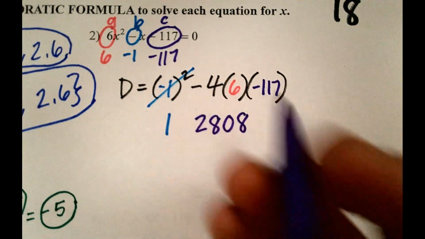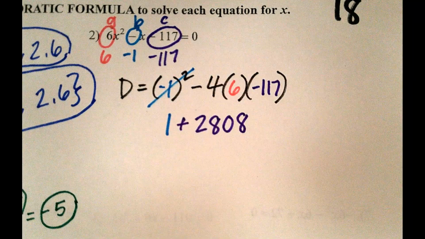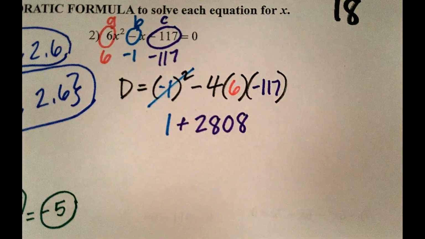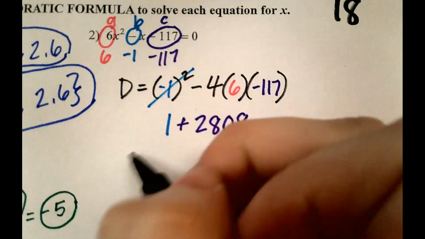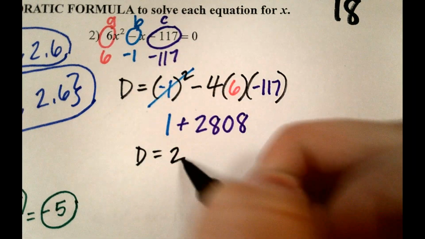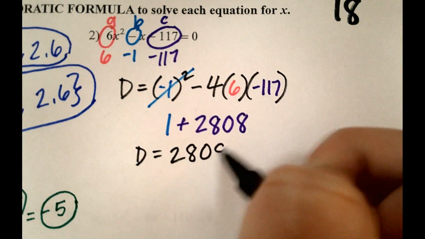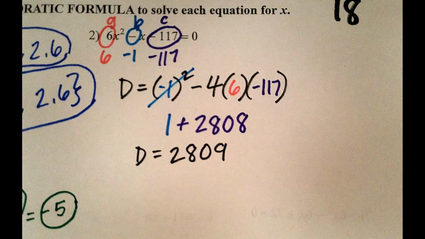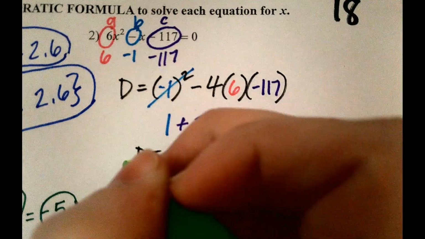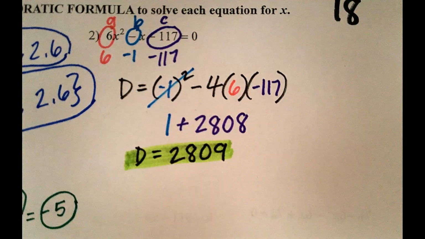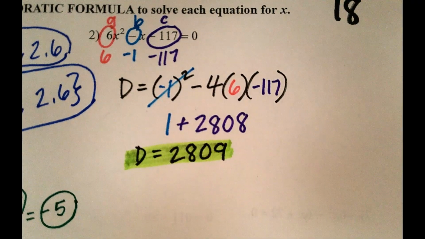We're now doing a positive plus. And it equals 2,809. Perfect. So our discriminant is 2,809. Got it. That is my discriminant.